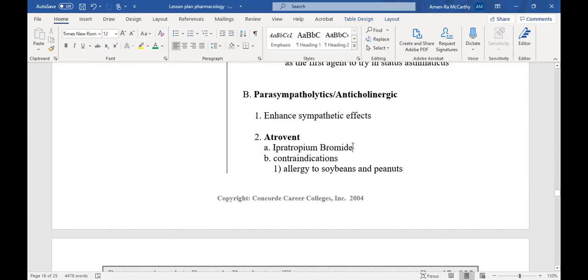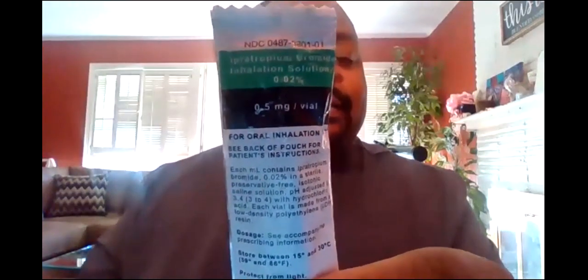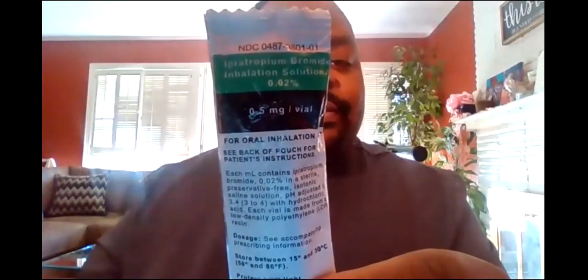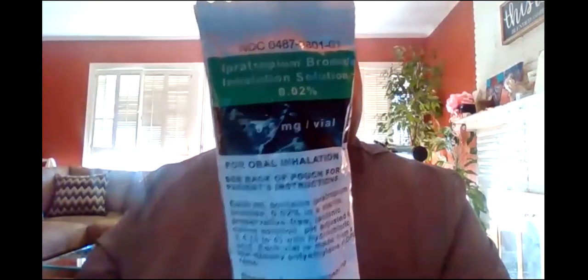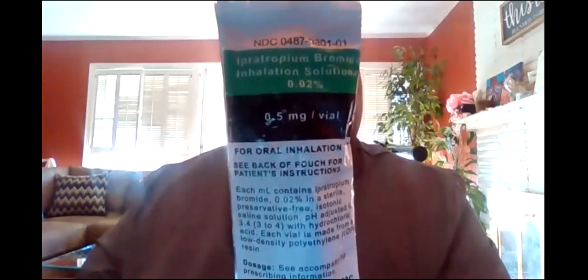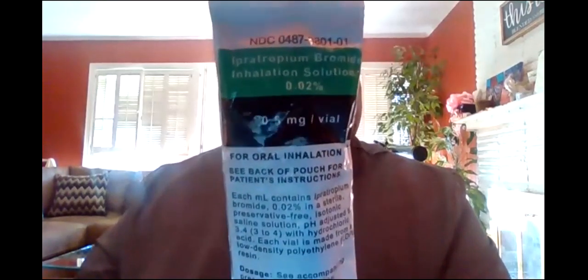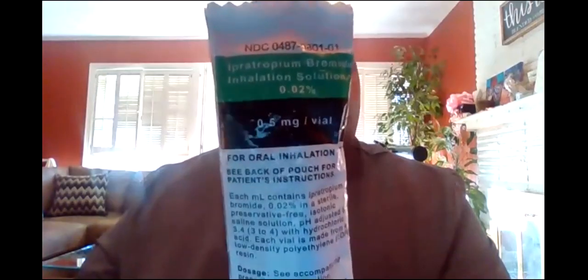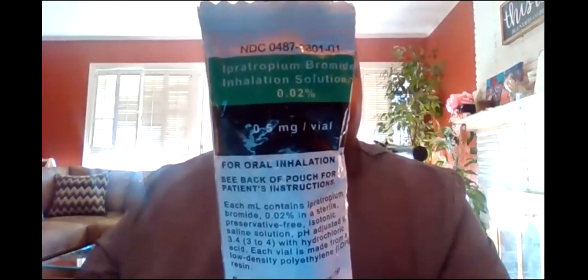It works by blocking the effects of acetylcholine. Ipratropium bromide, it's also known as Atrovent. That's this right here, all alone. This right here is an anticholinergic drug that will keep your lungs from constricting because of acetylcholine. So if acetylcholine is causing your constriction, we give you something to block acetylcholine, and it's an anticholinergic. Okay.